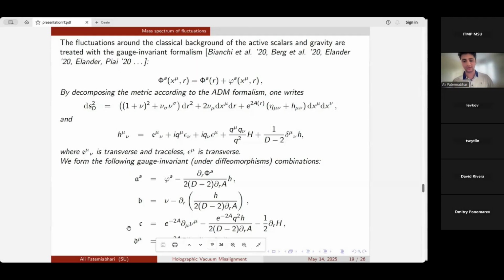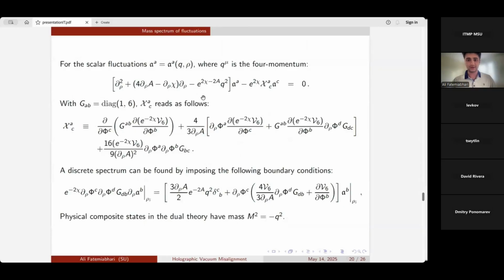All other combinations are chosen in such a way that they decouple from these degrees of freedom. They are either gauge non-invariant or they are algebraically given by the equations of motion, so there is no dynamics in them. The dynamic part for the fluctuations of the scalars comes from the scalar itself and its mixing with the trace of the metric. Another part which survives is the transverse traceless part. I will give the equations later.